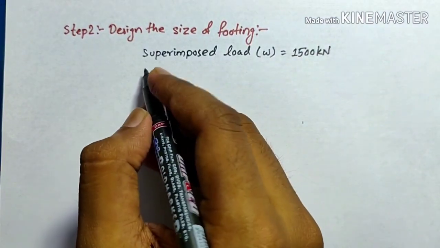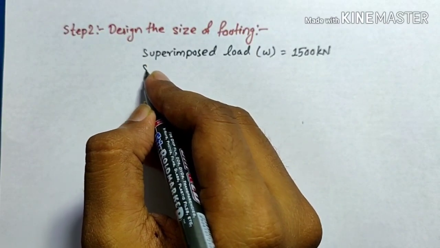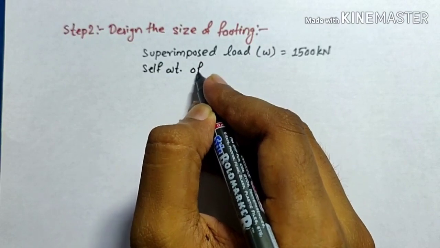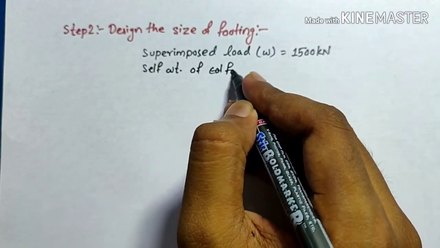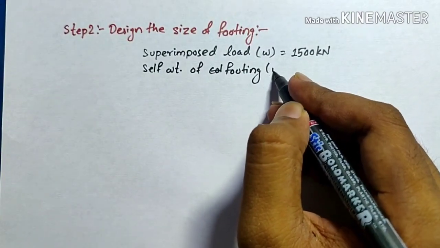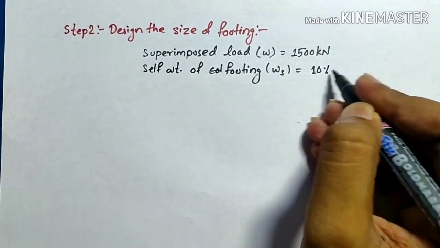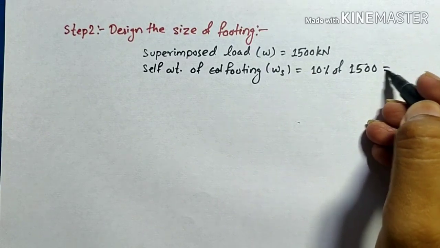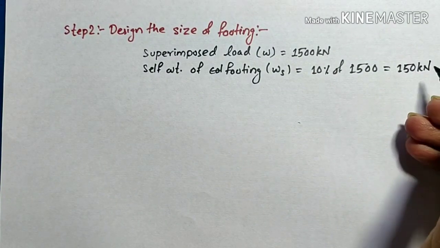And let's take the self weight of the footing as 10% of superimposed load. So self weight of footing, and denote it by WS, equals to 10% of 1500, which will be our 150 kilonewton.